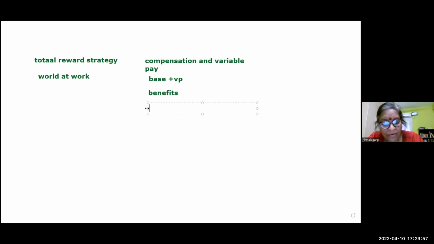The next is performance management, the kind of recognitions, everything you're doing. Then I'm talking about work-life balance.